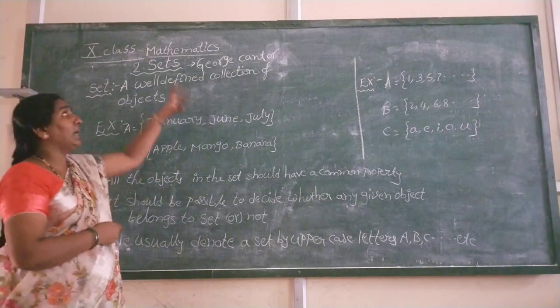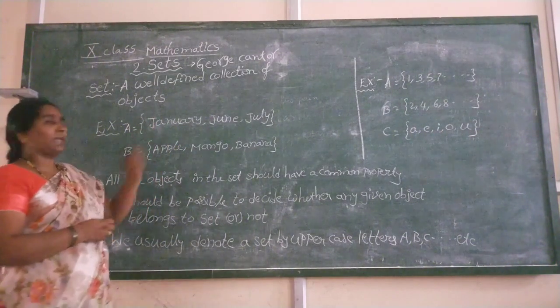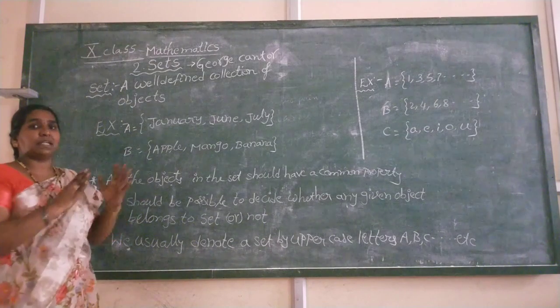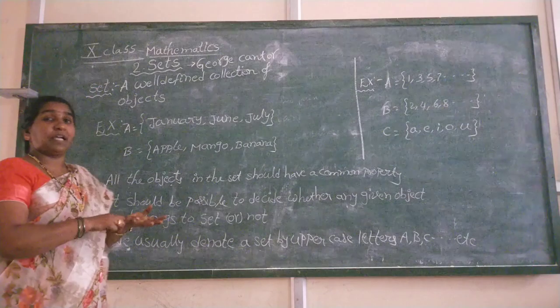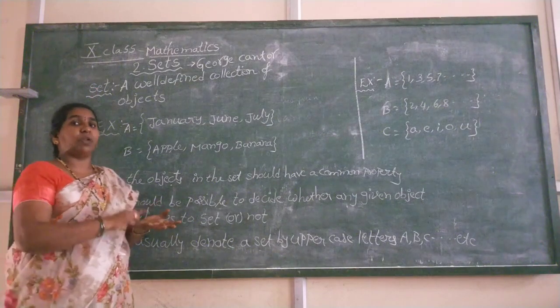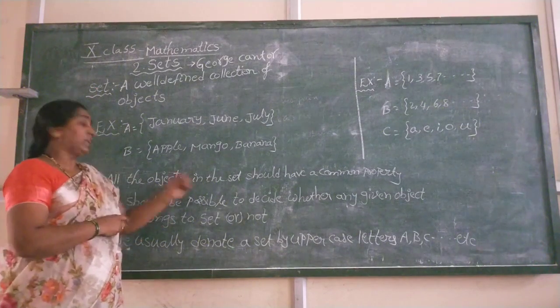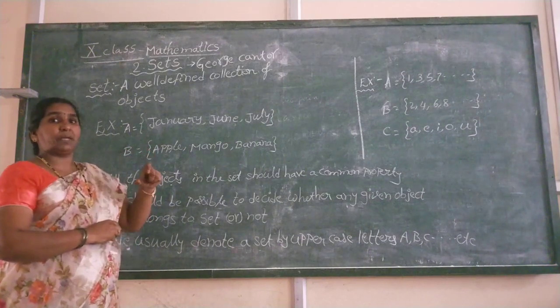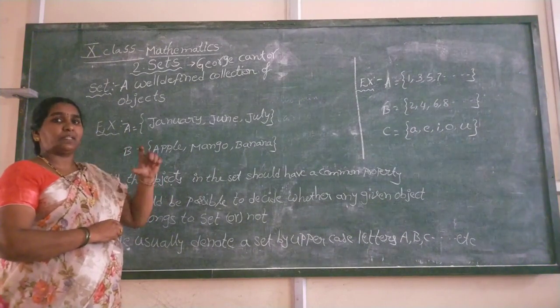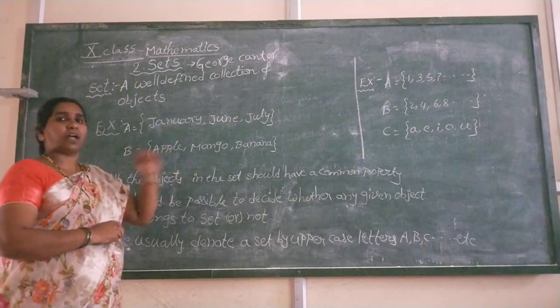What is the meaning of well-defined? Well-defined means every element in a set follows a common property. We are able to decide each and every element: suppose we take an element, that element belongs to that set or not.